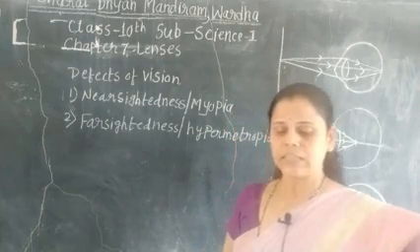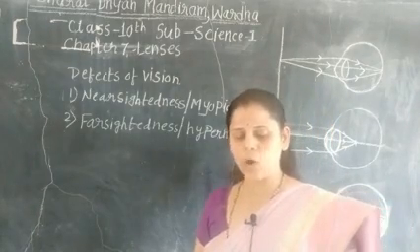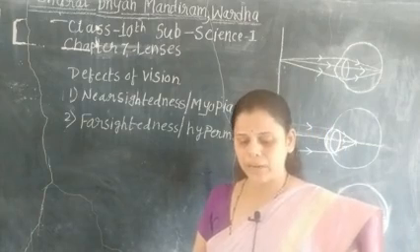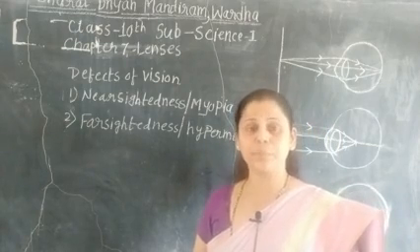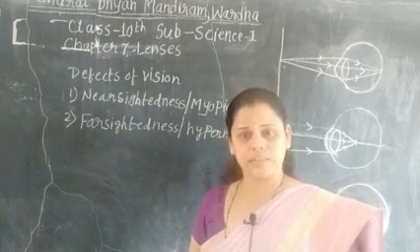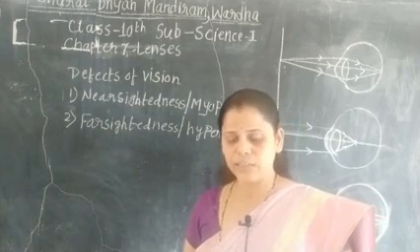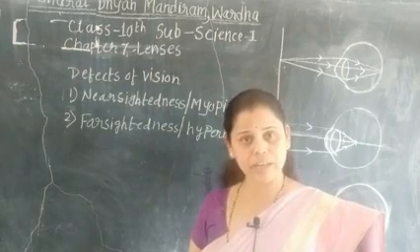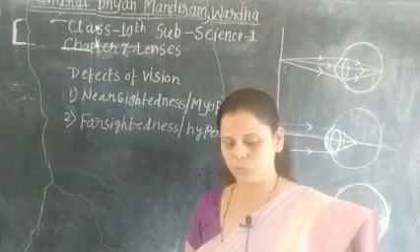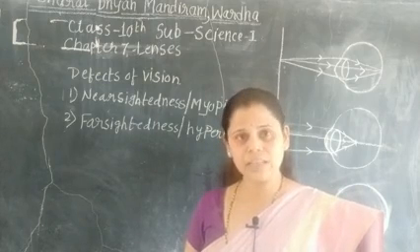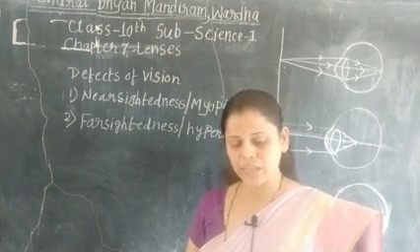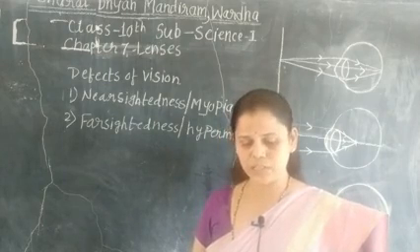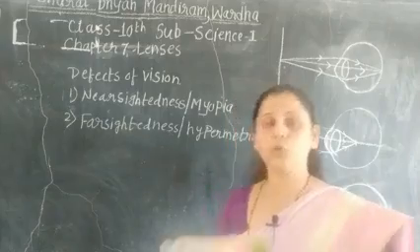In this case, the eye can see nearby objects clearly, but distant objects appear indistinct. This means that the far point of the eye is not at infinity but shifts closer to the eye.